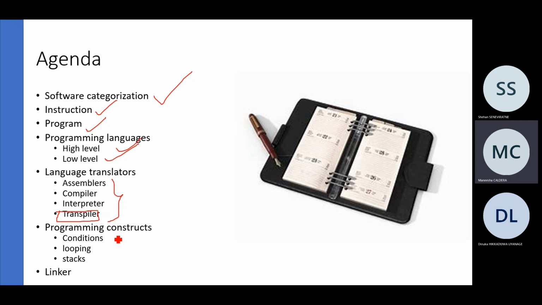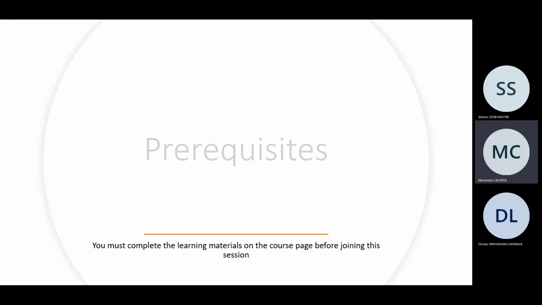Then some programming constructs such as conditions, looping, and stacks. Finally, I'm going to discuss the linker, how linkage works, and how these modules are connected with each other. That's the major aspect that I'm focusing on today.